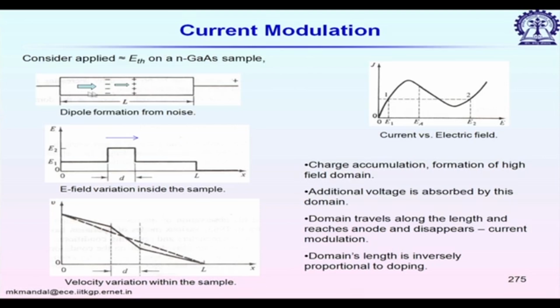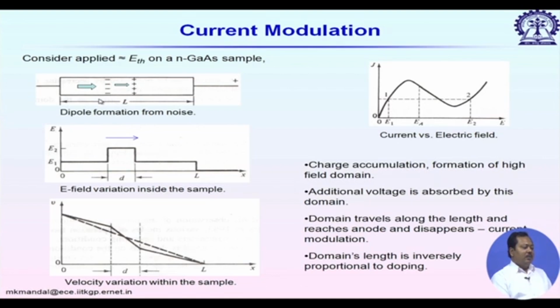Initially it is uniform throughout the material, but if there is accumulation of electrons here, the resistance will increase, and as a result the electric field across this filament will suddenly increase, and it will keep on increasing because the electrons will start moving to the second conduction band, and now we have a dipole formation somewhat like this.